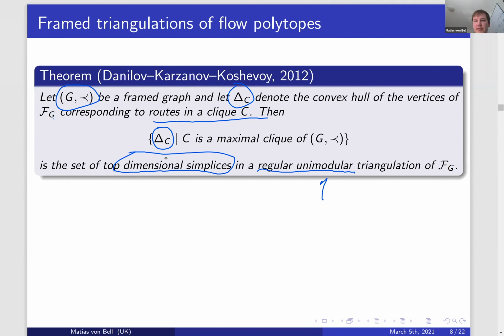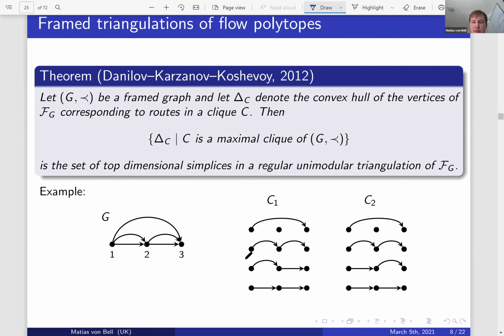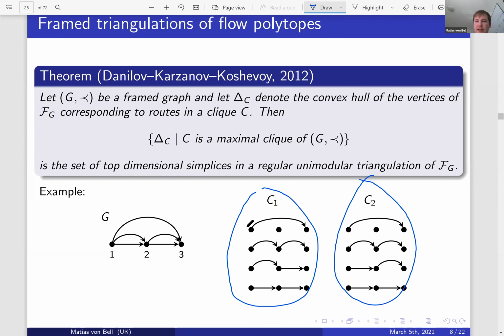So unimodular here guarantees that we can count the volume by counting the number of simplices. Just a quick example so that we're on the same page. If this is my graph, I end up having 5 different routes in the graph. I can break that down into 2 maximal cliques. Here's the first one on the left, and there's another one on the right.